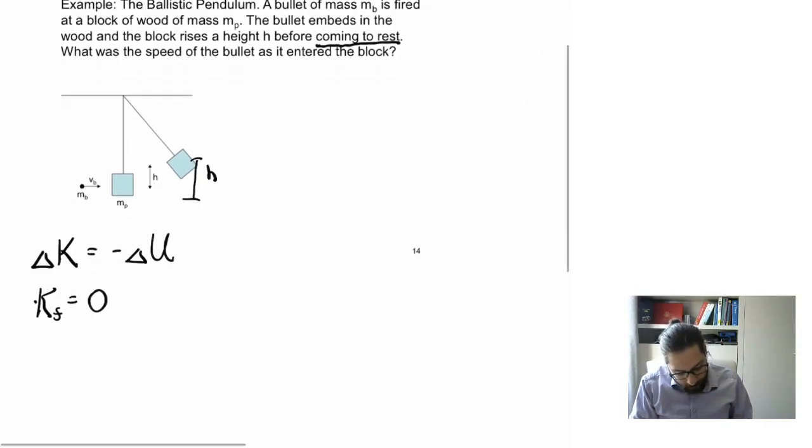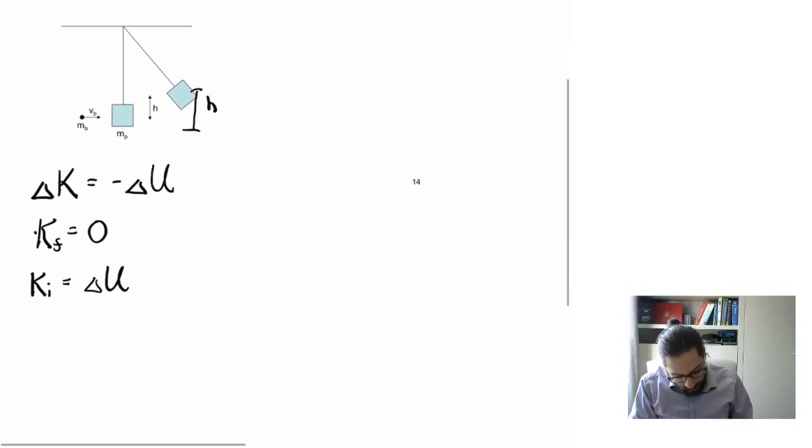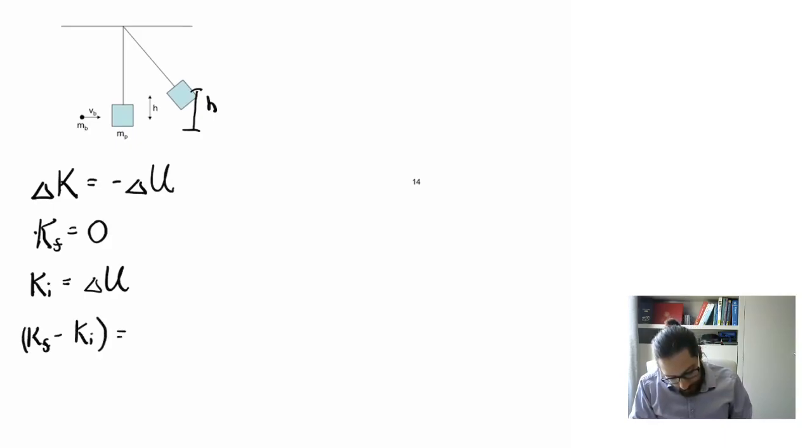Therefore, K initial is equal to delta U. To write this down a little bit more explicitly, K final minus K initial is equal to minus delta U. So 0 minus K initial is equal to minus delta U. Okay, this is just still conservation of energy.